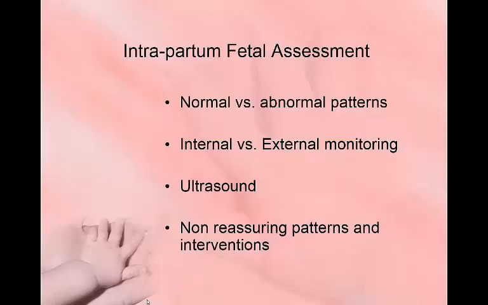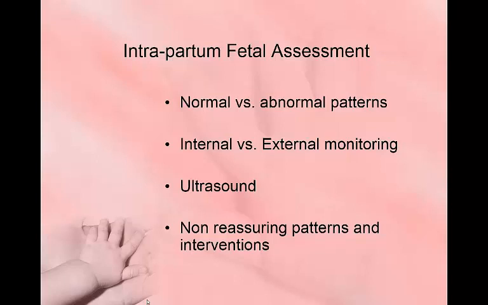So, when a patient is in labor, in our intrapartum fetal assessment, we're going to talk about normal and abnormal patterns, internal versus external monitoring. Sometimes we'll use ultrasound. So when we talked about indications and reasons to do a non-stress test, and what we would do if we had one that was not reactive, ultrasound sometimes falls into that. We might do something called a biophysical profile, or a BPP, and we're going to talk about that in the intrapartum lecture.